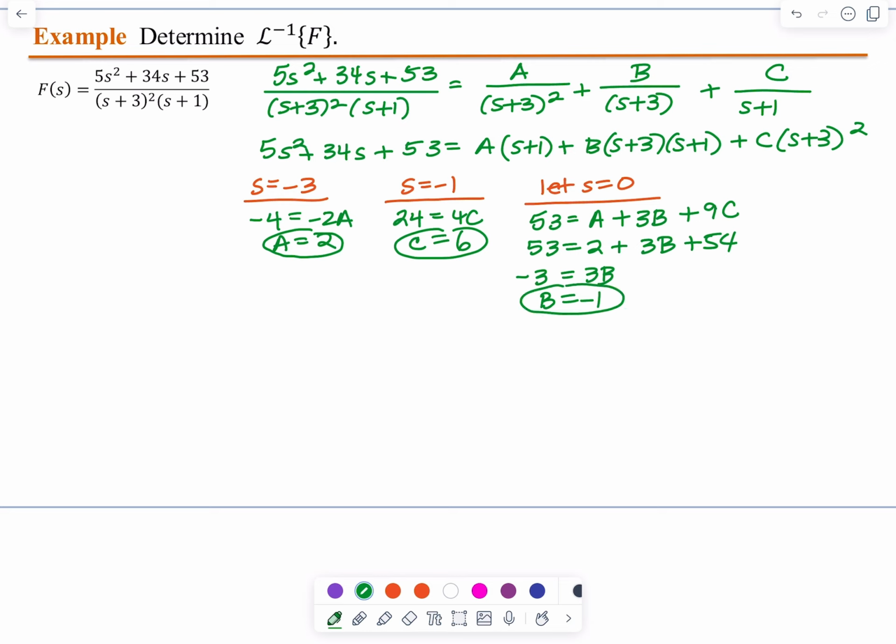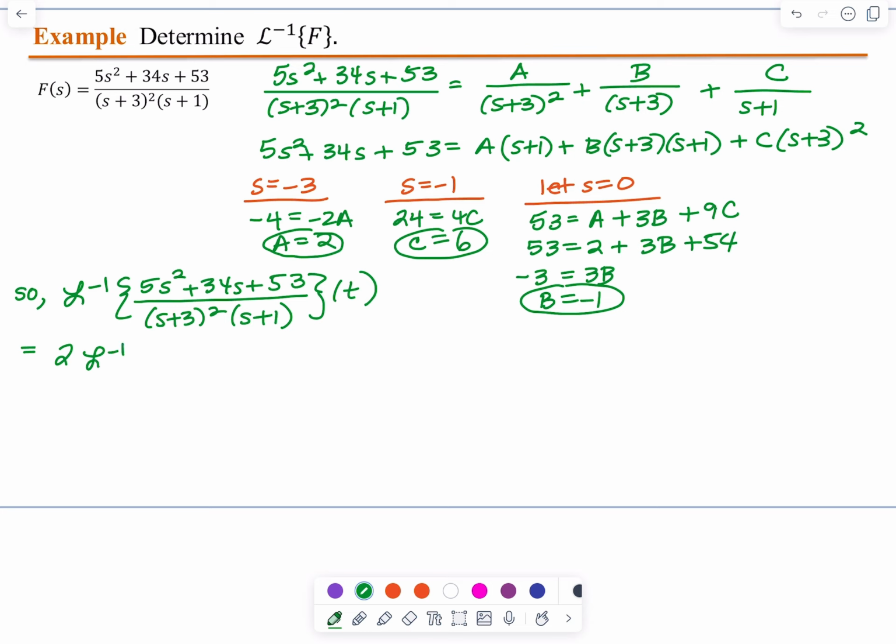So now we can say, and we're going to be working on this using our Laplace transform table in a moment, that the inverse transform of (5s squared plus 34s plus 53) all divided by (s plus 3) squared multiplied by (s plus 1), of t, is going to be equal to, and here we're putting our a in, 2 multiplied by the inverse transform of 1 over (s plus 3) all squared.